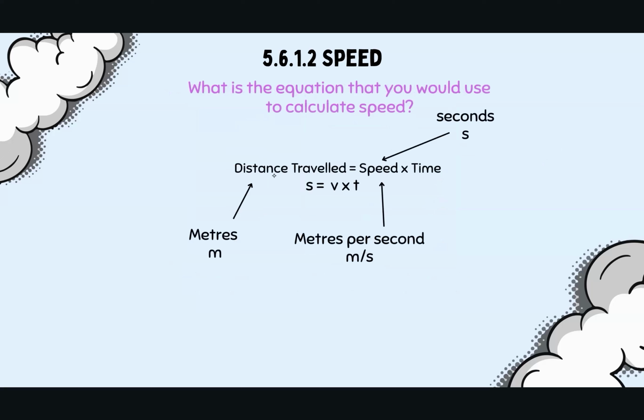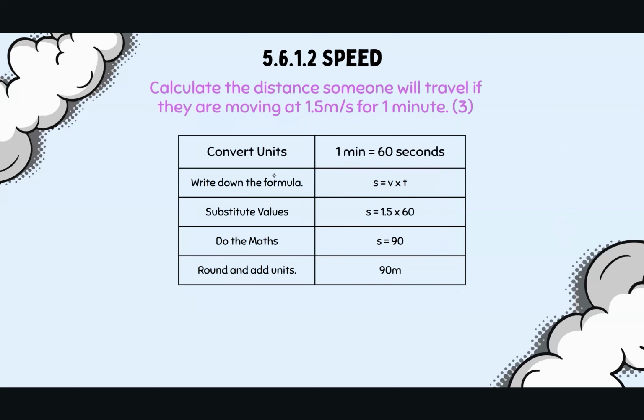Okay, how do we calculate speed? You will be given this formula in your formula booklet: distance traveled equals speed times time, or speed equals distance divided by time. So let's have a quick practice question. Calculate the distance someone will travel if they're moving at 1.5 meters per second for 1 minute.